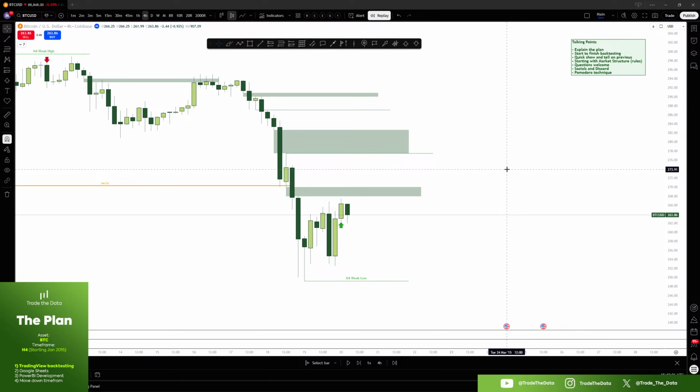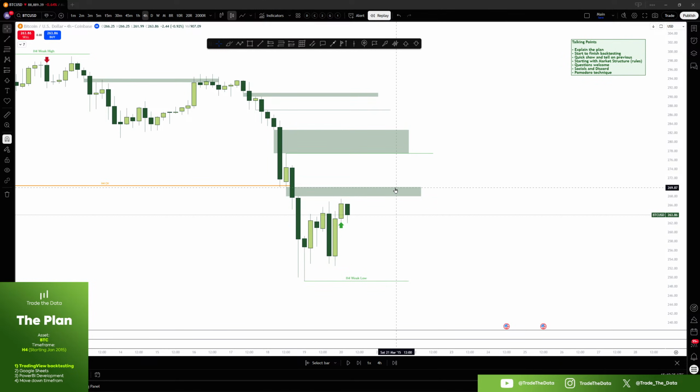Something I've pondered on, and I'm actually going to note this down as well. There's an argument to be had, and a very good one, that actually this part here is the bit that broke rather than this last candle here. This doesn't seem like a big amount of movement.